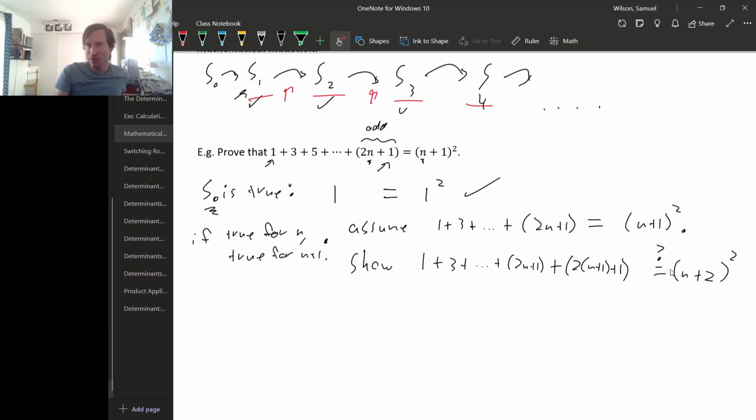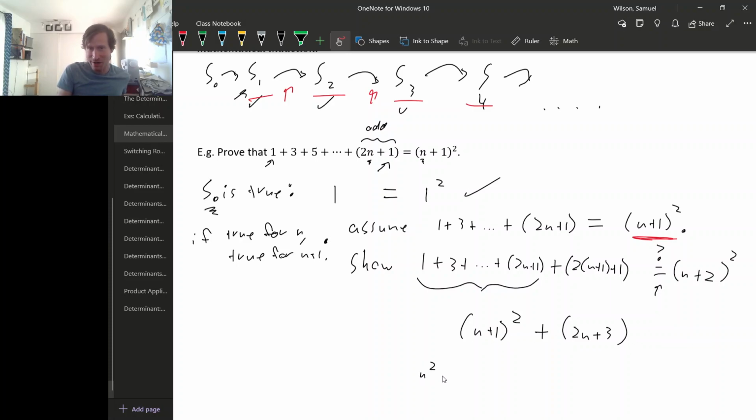Well, we have to show that these two things are equal. On the left-hand side, we have 1 plus 3 plus 5 all the way up to 2n plus 1. And our assumption was that that's equal to n plus 1 squared. Now this bit here is 2n plus 3. So let's see, what could we do here? Let's multiply this out, I guess.